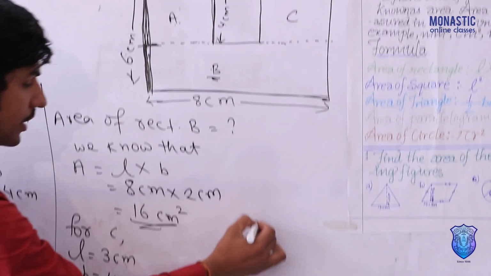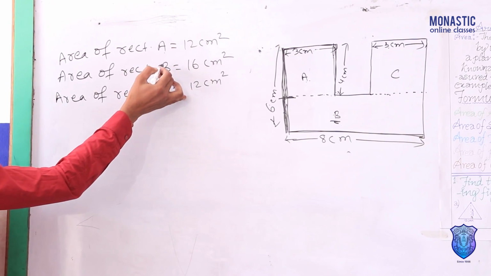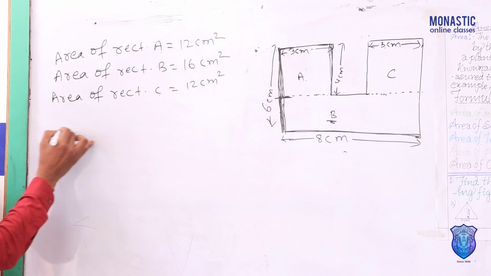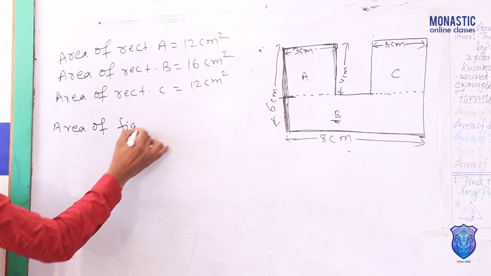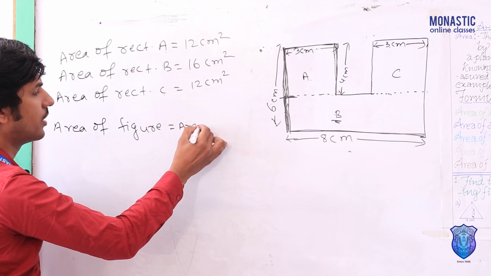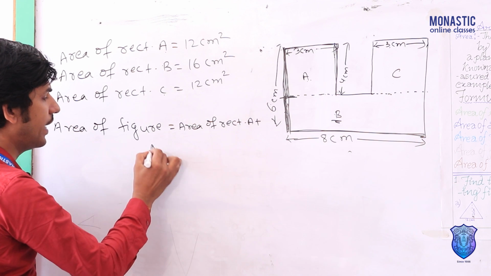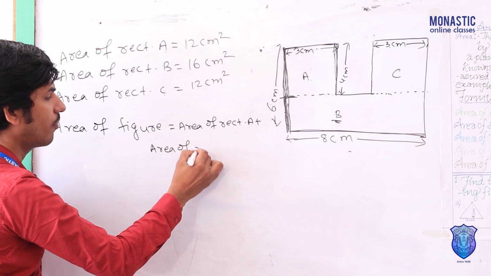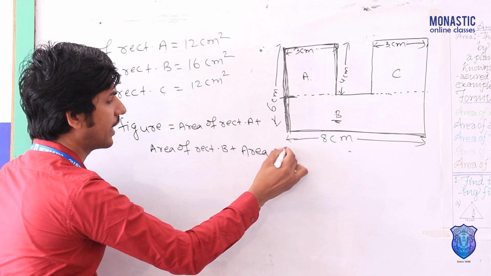See, now we have got the area of rectangles A, B and C. Now we can easily say the area of the figure is equal to the area of rectangle A plus area of rectangle B plus area of rectangle C.